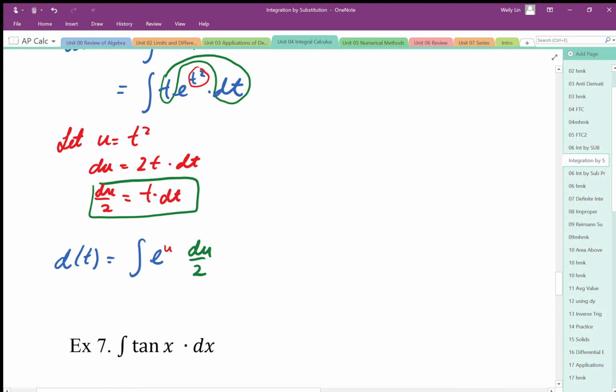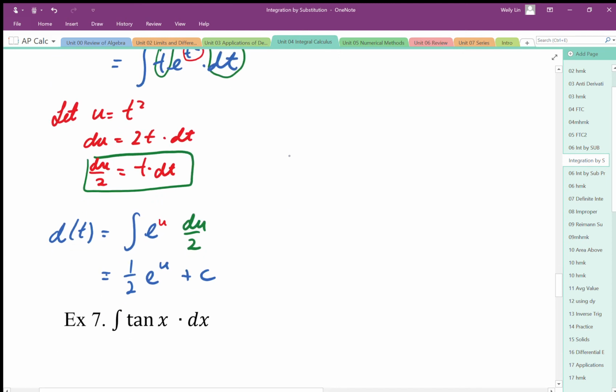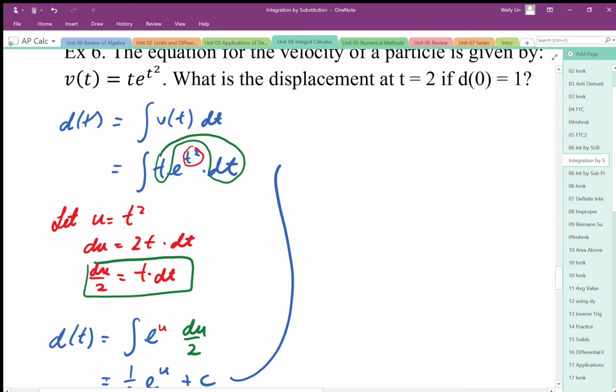So I can go ahead and anti-differentiate this. My d of t is going to be, well, my e function just stays e to the u plus c. So my d of t function is then e to the, I do my replacement, t squared plus c.